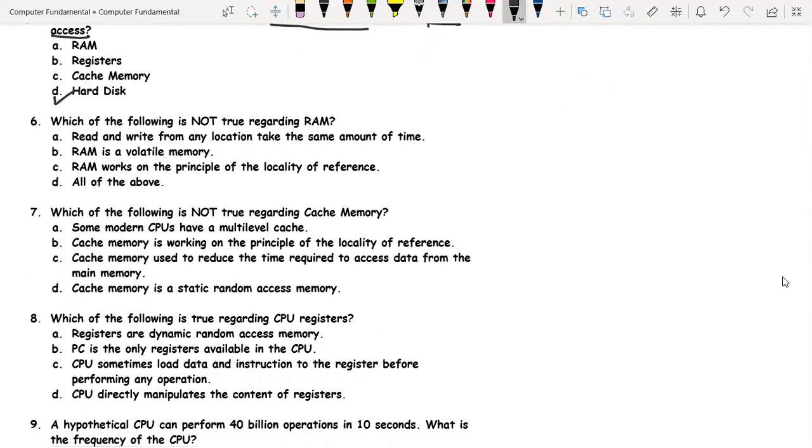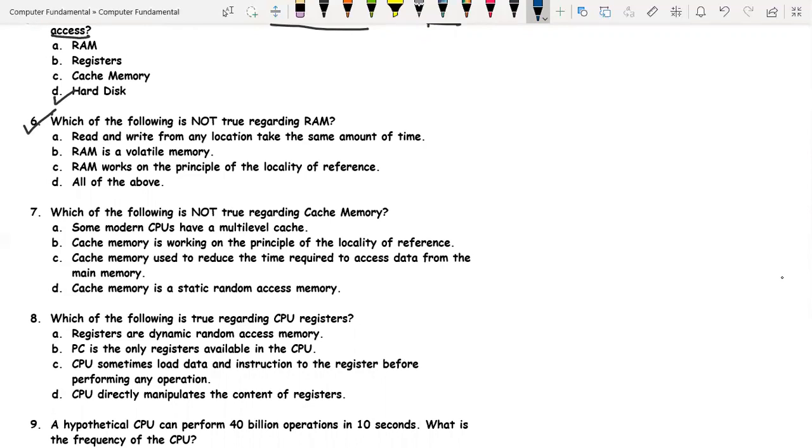Now question number 6. Which of the following is not true regarding RAM? Read and write from any location is true. Is volatile is true.